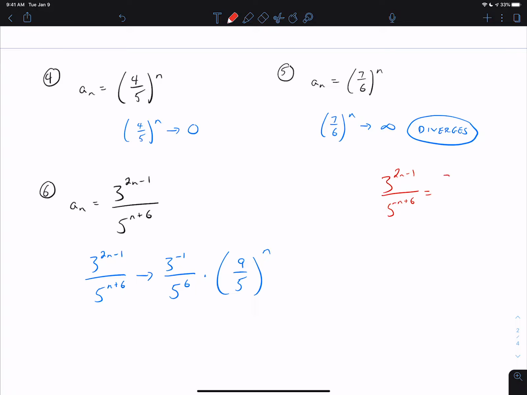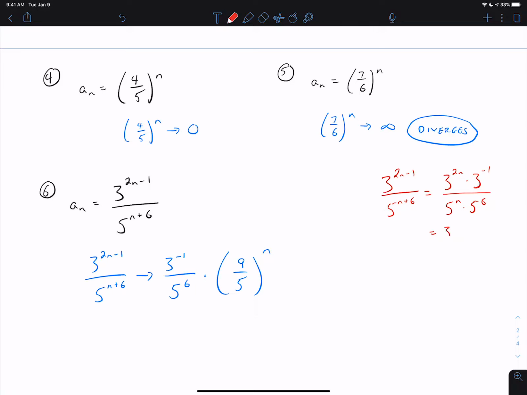So we can split subtraction or addition into two separate exponents. I can make it 3^(2n) times 3^(-1), because when you multiply two things with the same base, you add powers. I can split the bottom into 5^n times 5^6. So that's where I'm getting this expression.